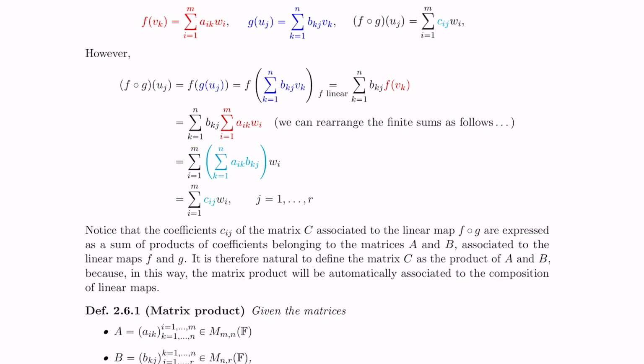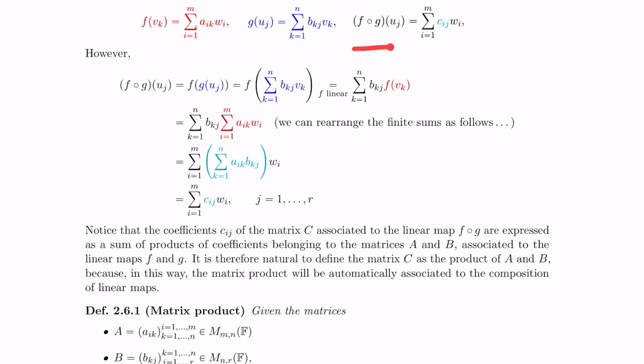Now we use a nice property of finite sums, that is, they can be rearranged. We can exchange these two symbols of sum here. And so we can first perform the sum over the index k, and then perform the sum over the index i. So at the end, this expression here can be written like this.